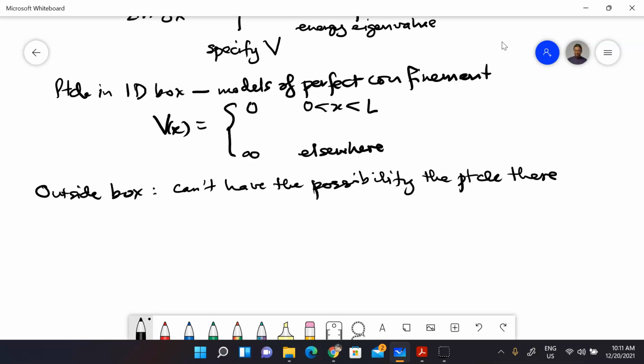So in other words, if you try to solve it properly, you should impose that the wave function outside the box is going to be 0. Okay, so that implies at the boundary of this box there must be some boundary condition.